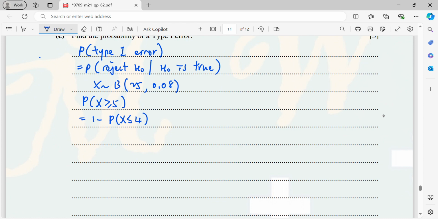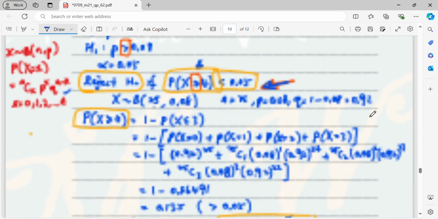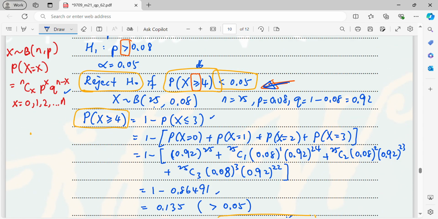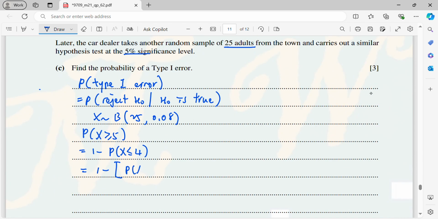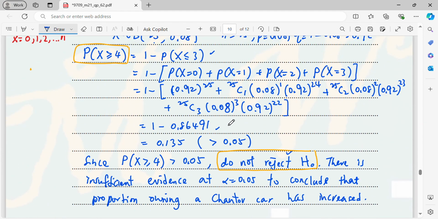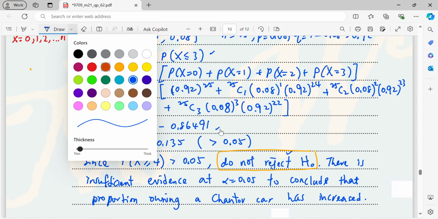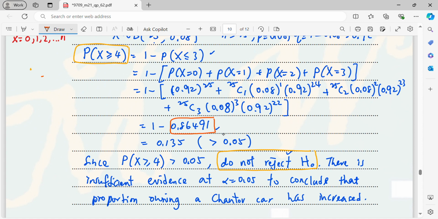In the previous calculation we have done up to 3, and I gave more decimal places, so up to 4 means I just need to add exactly 4. That's why you are encouraged to give more decimal places. When less than or equal to 3, the probability is 0.86491, so I will copy this value into the next calculation.